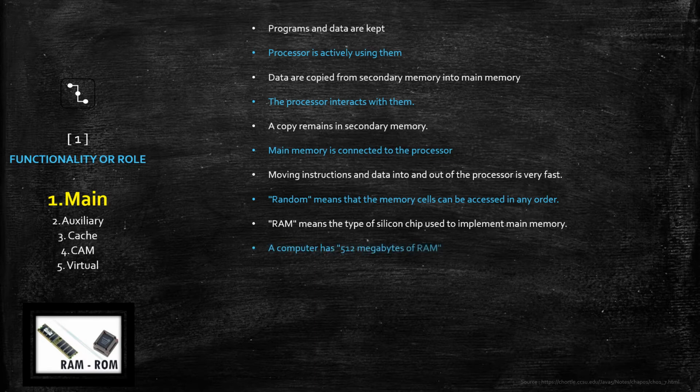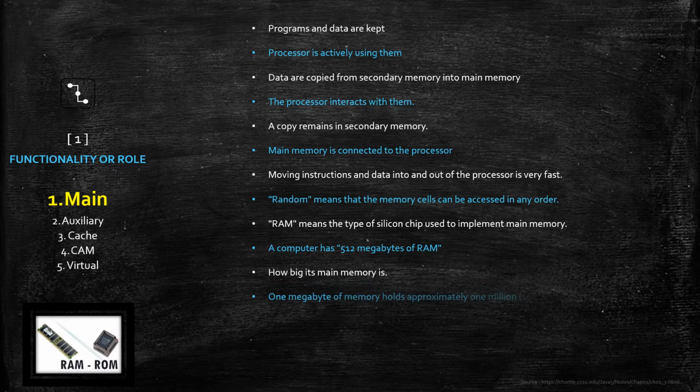Now let's take one example. Suppose someone says that the computer has 512 megabytes of RAM. What does it mean? What are they talking about? They are actually talking about how big its main memory is. They are talking about the size, the capacity of the main memory.